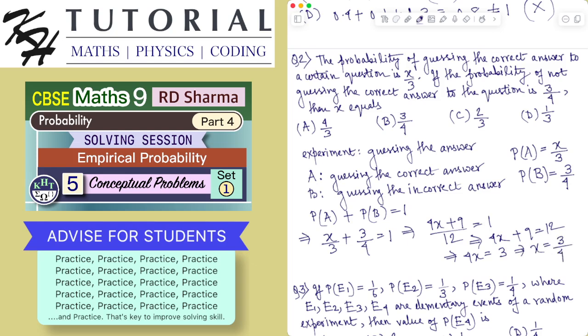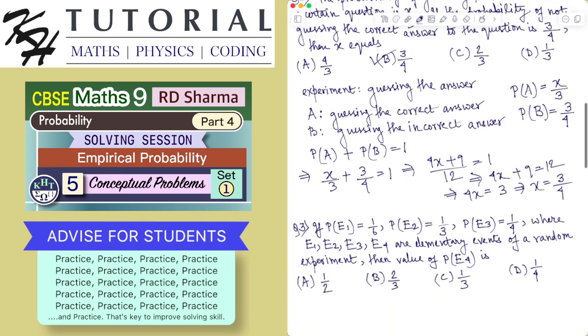So x must be equal to 3 by 4. So the correct answer is 3 by 4. Choice B is the correct answer.